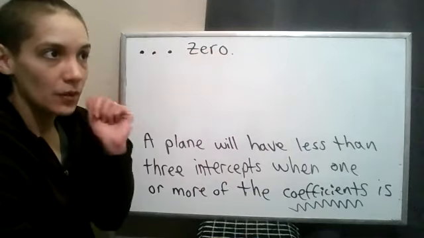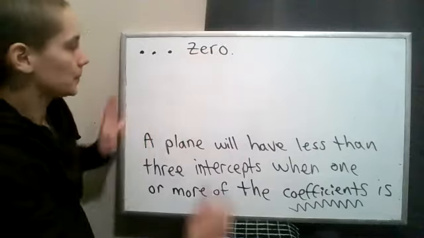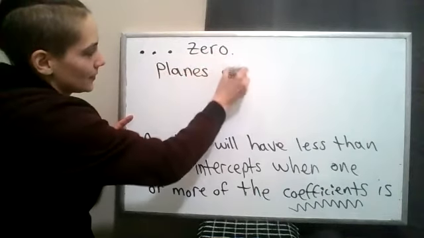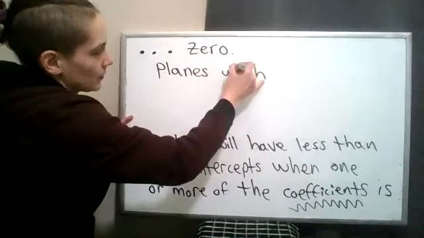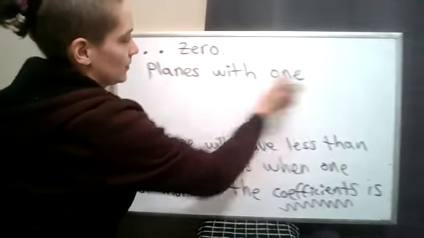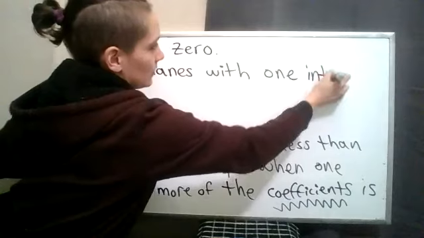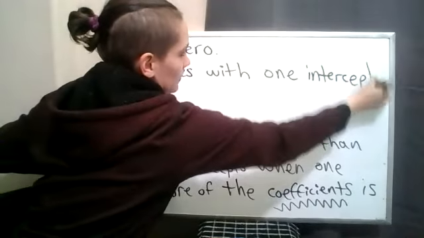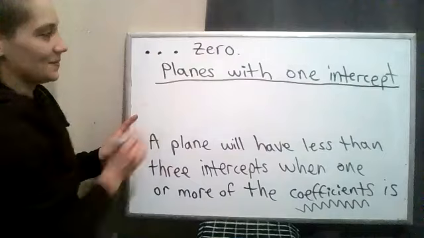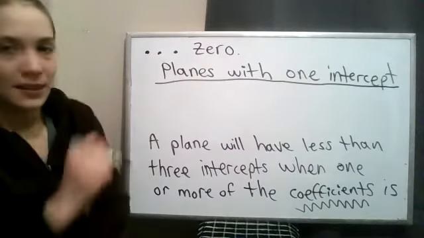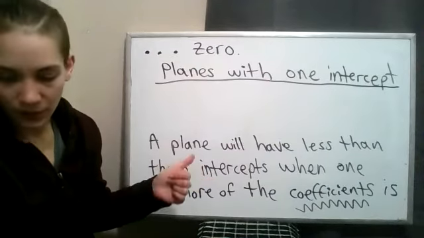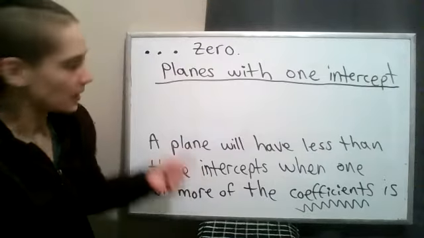First, planes that have one intercept. There's going to be three kinds. The first one is ax equal to d.